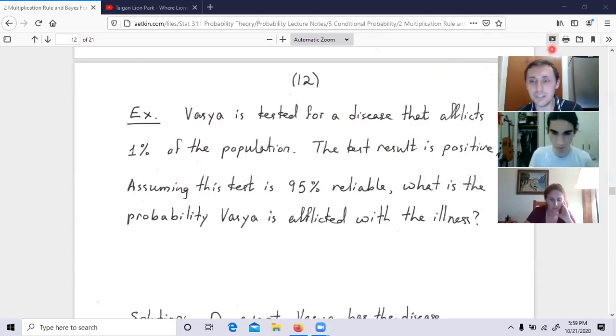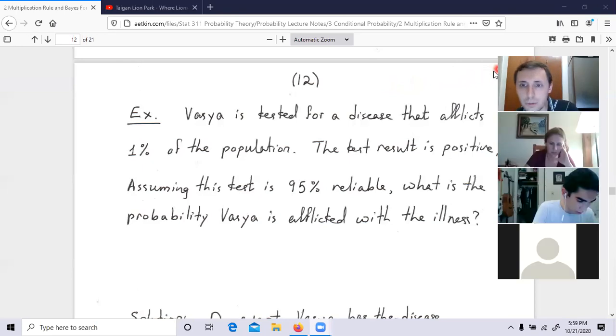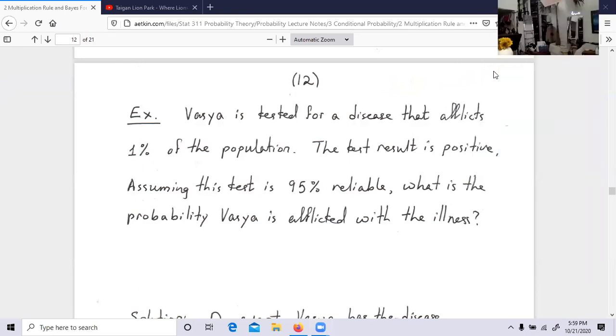All right, so yes, let's discuss this problem, or somebody is still working on it. Somebody still is trying to figure it out.